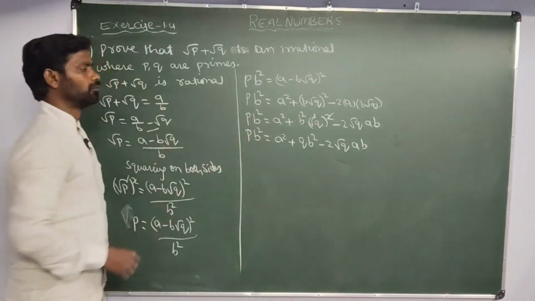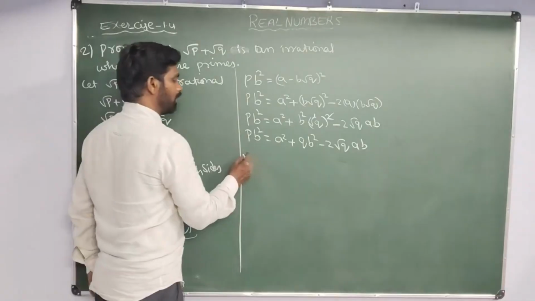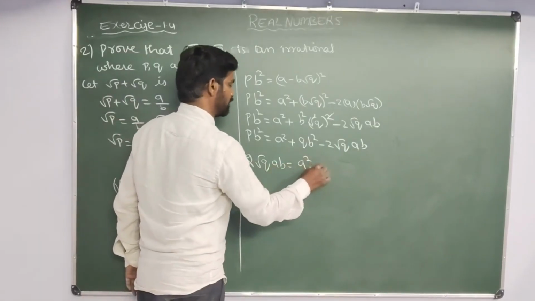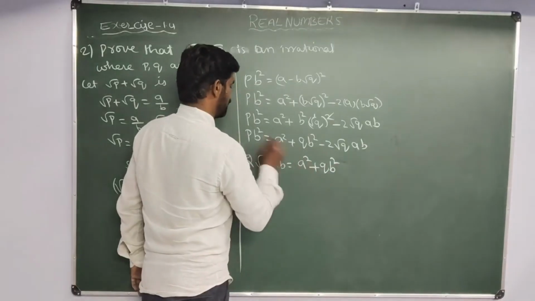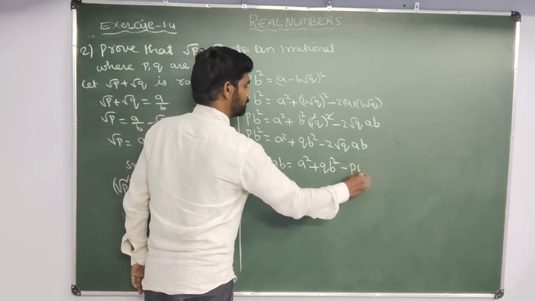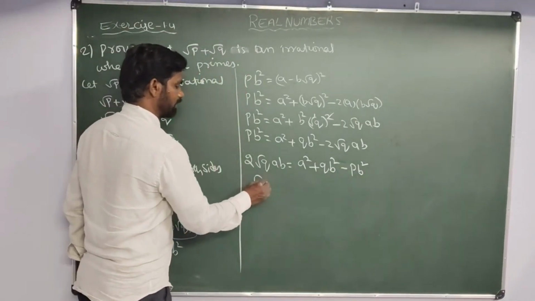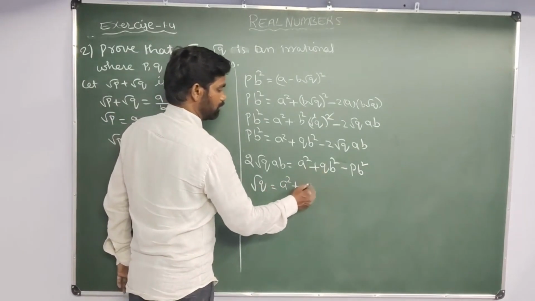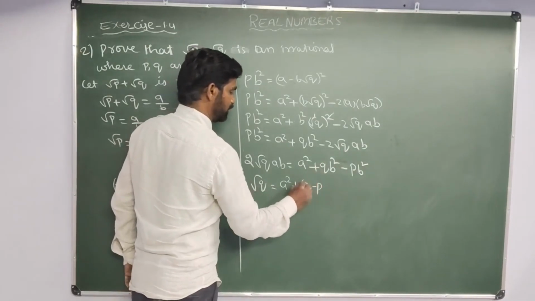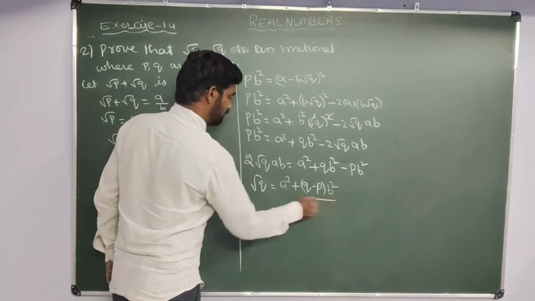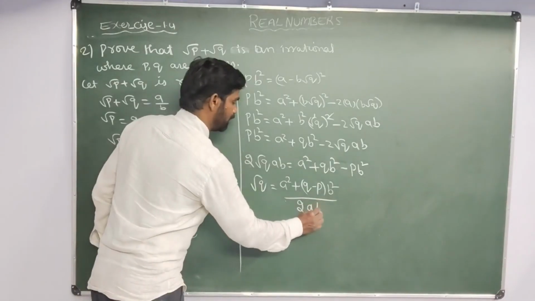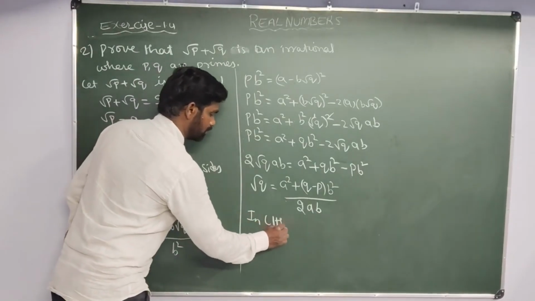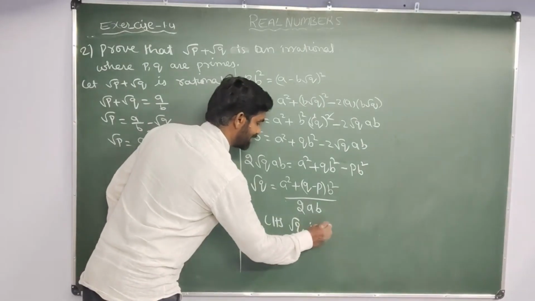Now bring this minus 2 root q ab to the LHS, that is 2 root q ab is equal to a square plus qb square, and this pb square to RHS, that is minus pb square. So here we can write in LHS only root q, that is equal to a square plus q minus p into b square divided by 2ab. Okay, in LHS we know that root q is irrational.